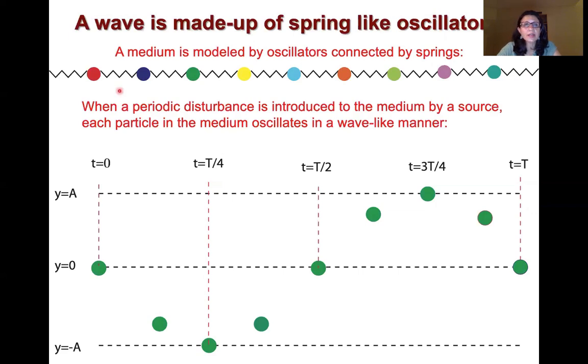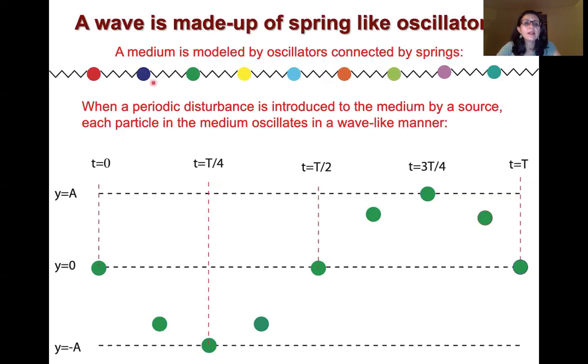The way we do that is we imagine our medium as composed of a bunch of what we call oscillators, so particles in the medium. Again, these could represent air particles if we're talking about sound waves, or water particles if we're talking about water waves. And we imagine that they're connected by some kind of springs, which allows them to interact.